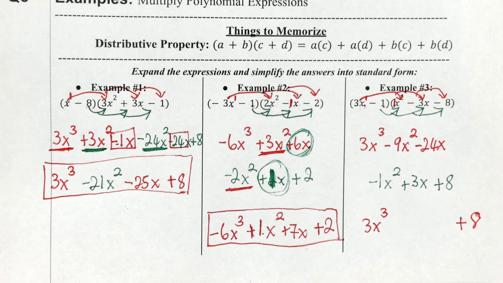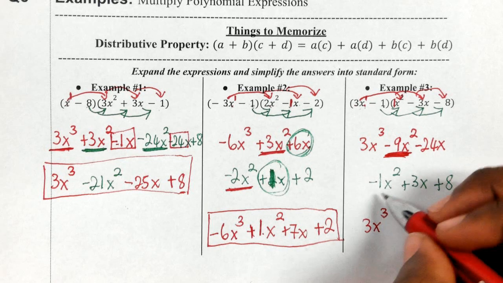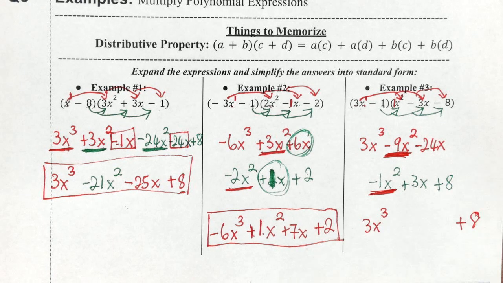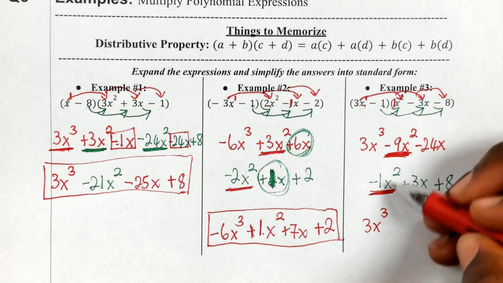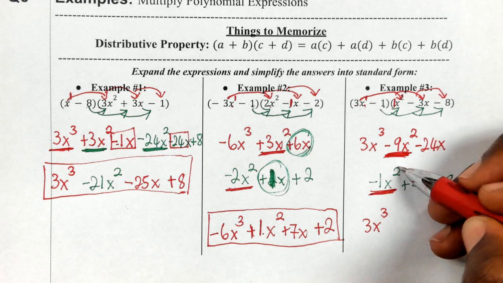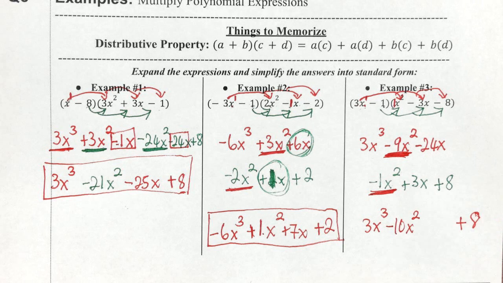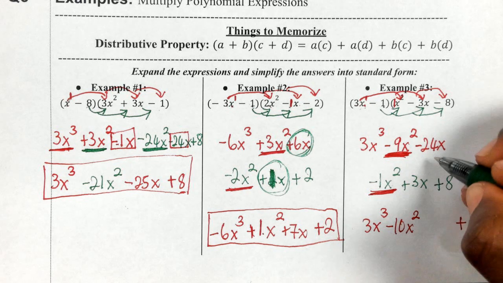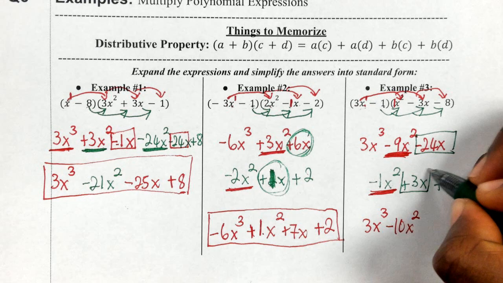Alright? The only like terms are the negative 9x squared and the negative 1x squared. Alright? Which gives me negative 9x squared minus 1x squared, because again, you're not multiplying here, you're just subtracting, is negative 10x squared. Now I'm going to combine all my x's, so I have a negative 24x and a positive 3x.